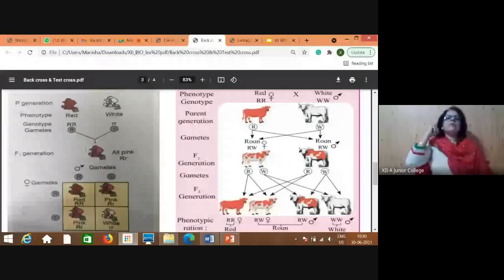So when height is considered as per Mendel's law, when tall and pure dwarf plants are crossed, in the F1 progeny all plants were tall, but the genotypic expression is heterozygous. That means one is capital T, the other is small t.